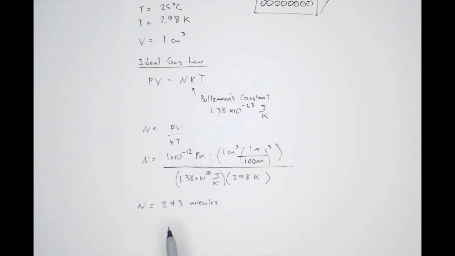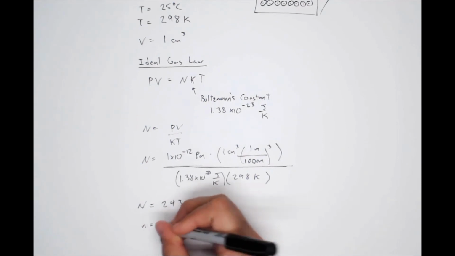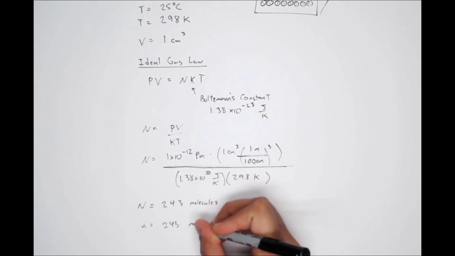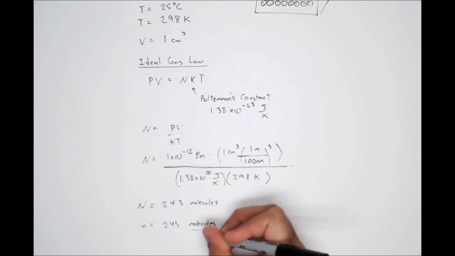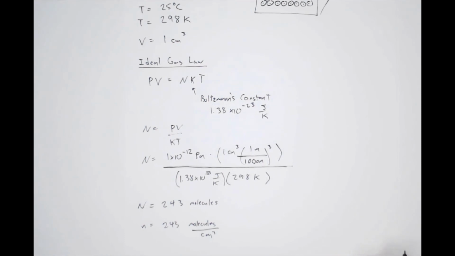At this very low pressure, though, we're down to just 243. And this value was for 1 cubic centimeter, so you could also just express it as 243 molecules per cubic centimeter.